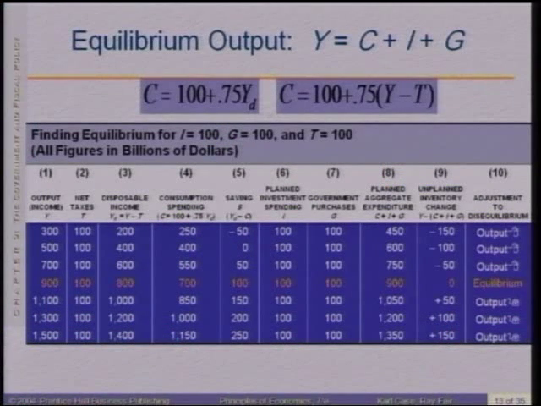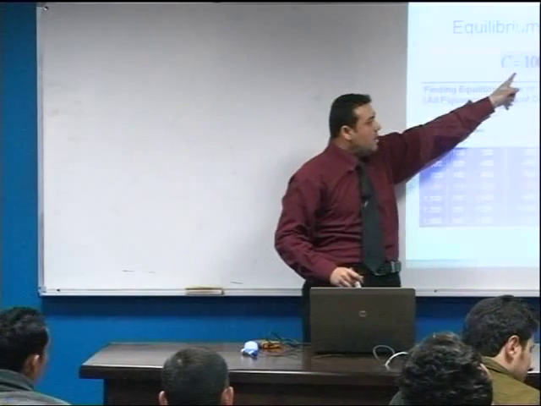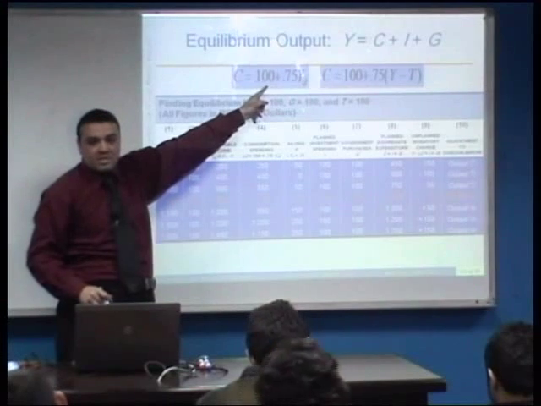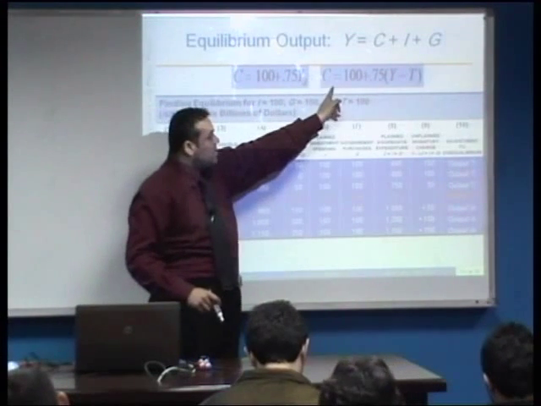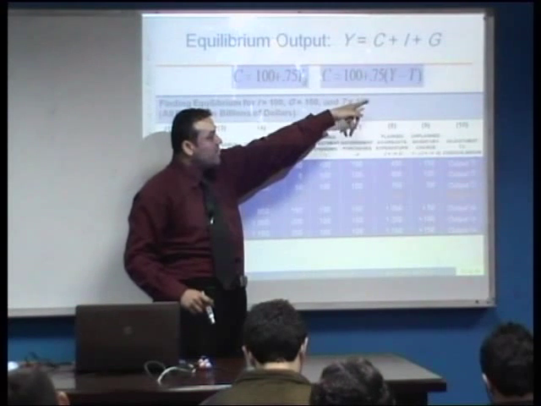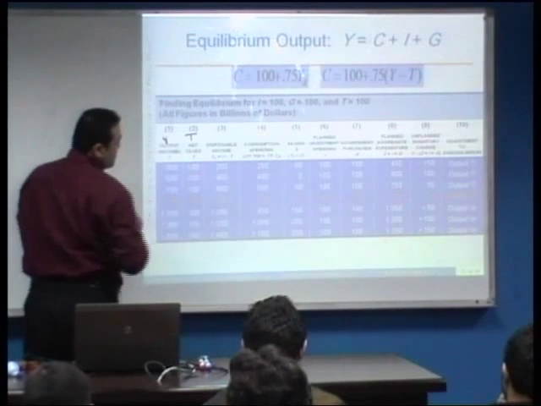As you see, we have an economy with a government, and the consumption function for this economy is C equals 100 plus 0.75 YD, or C equals 100 plus 0.75 times Y minus T. And we have the following information: the aggregate output, this is Y, and the net taxes.